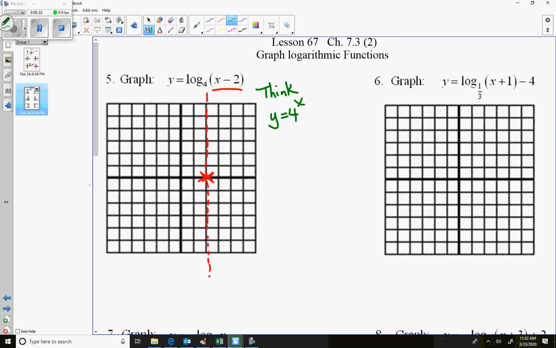So whereas my exponential goes to the point 0, 1, the log graph goes to the point 1, 0, counting from that x, that starting point. My next key point for the exponential would be 1, 4, which means the logarithmic is 4, 1. And we have our graph.